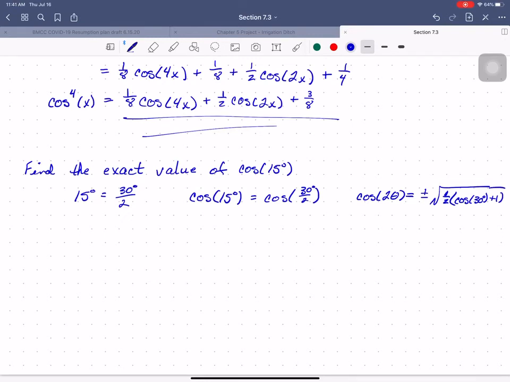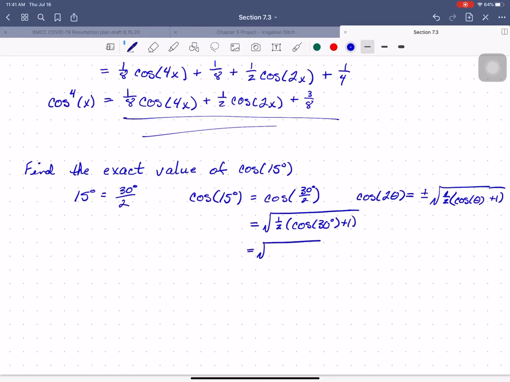Which quadrant is 15 degrees in? That's the first quadrant. Cosine is positive, so we just want the positive square root of 1/2 of the cosine of 30 degrees plus 1.